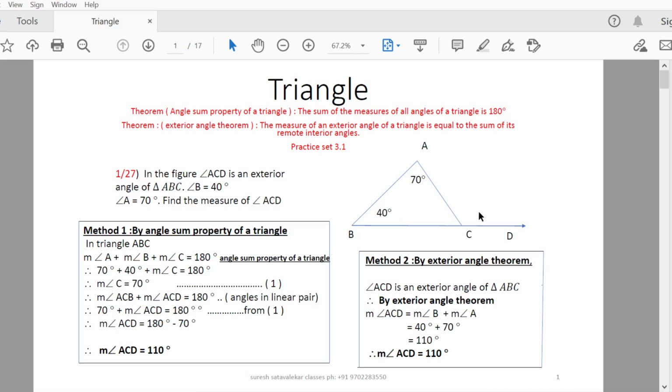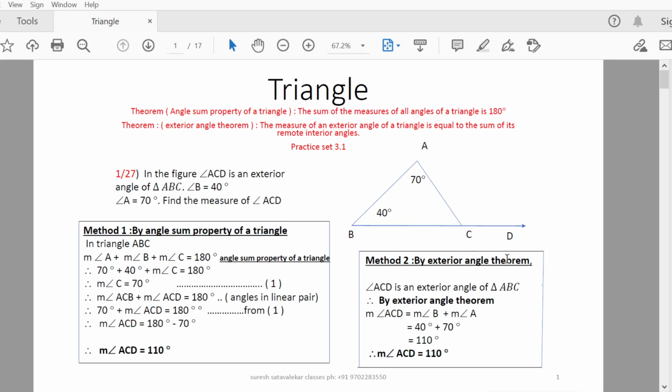And the property is that the sum of the measures of angles in a linear pair is 180 degrees. So measure of angle ACB plus measure of angle ACD is equal to 180 degrees. Out of which measure of angle ACB we have found to be 70 degrees. So 70 degrees plus measure of angle ACD is 180 degrees. Therefore measure of angle ACD is 180 degrees minus 70 degrees, that is 110. We want the measure of angle ACD, that comes out to be 110.